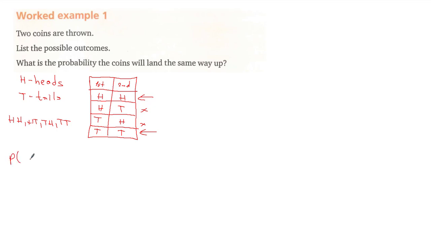So the probability that the coins will land the same way up will be, we can write, head-head or tail-tail, like this. So how many outcomes are there? Two. What is the total number of possible outcomes? Four. 2 over 4. We can cancel it to 1 over 2. Let's continue to another exercise.